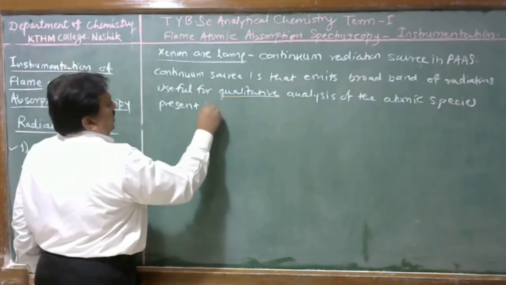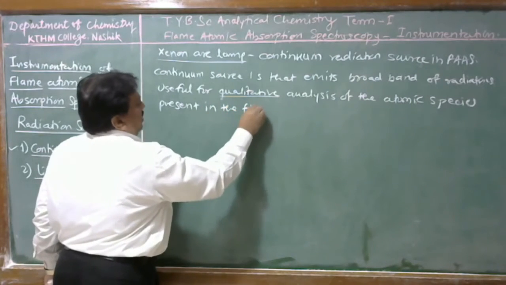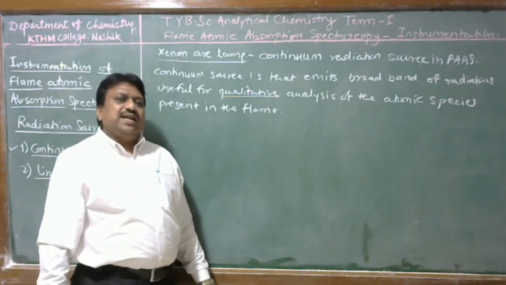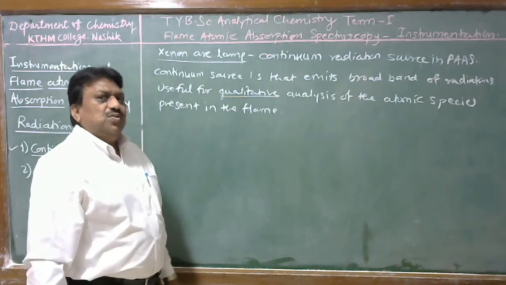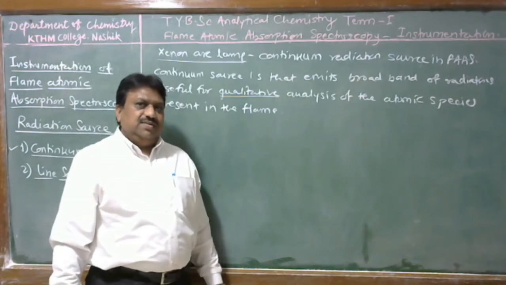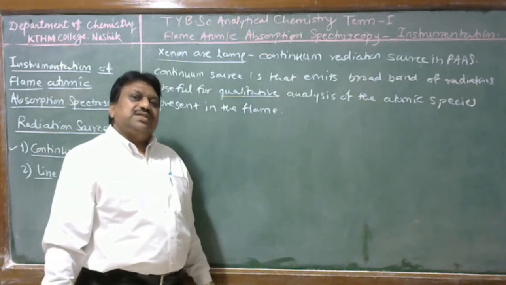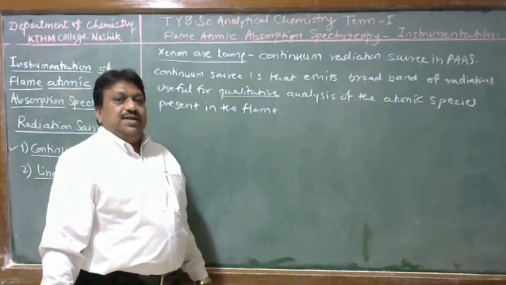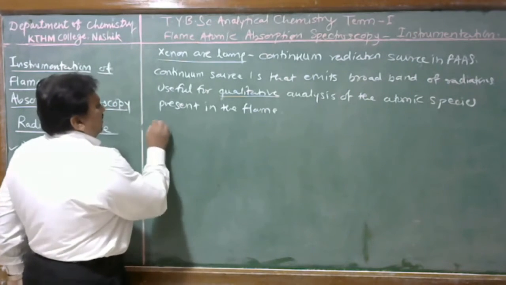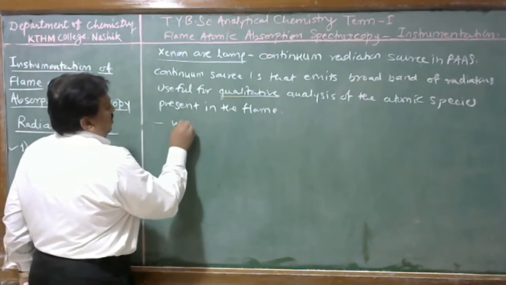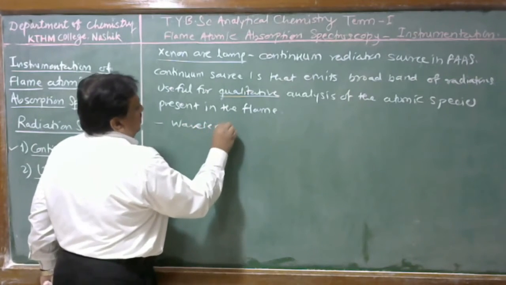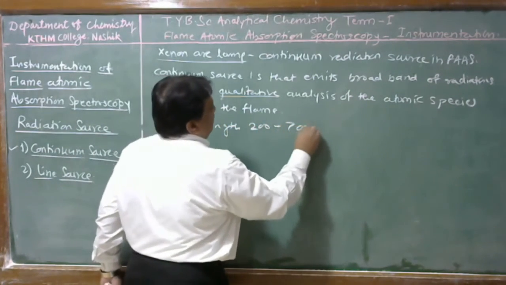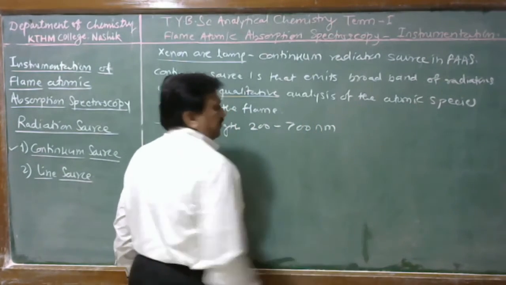That means, by means of a continuum source, we can irradiate the sample with a bundle of wavelengths. A particular wavelength which is absorbed by that particular atomic species is its identity. Xenon arc lamp supplies wavelengths from 200 to 700 nanometer.